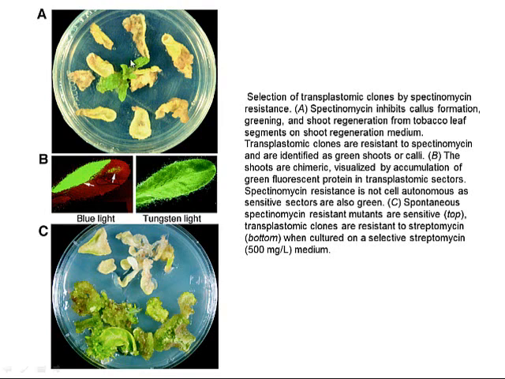You can see here all of these leaf strips are yellowed because of spectinomycin affecting the 16S ribosomal RNA, whereas one small cluster of cells has escaped the spectinomycin because it's been genetically transformed, and it's regenerating into a plantlet. And then when we plate these out after a number of generations of selection, this is the transgenic tissue, this is wild type tissue.